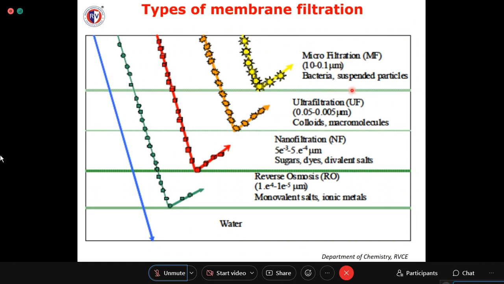So in this type of filtration, you can filter only the impurities having sizes between 10 and 0.1 micrometer, right? You can filter some bacteria and suspended particles by this kind of filtration. This is called microfiltration, and the membrane used is called a microfiltration membrane. Have you understood this?